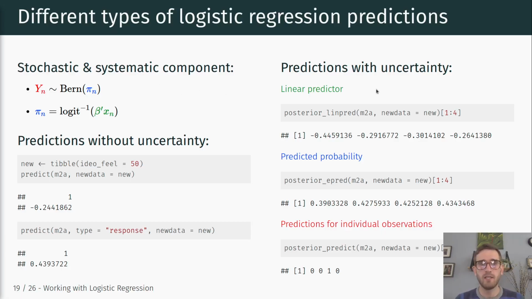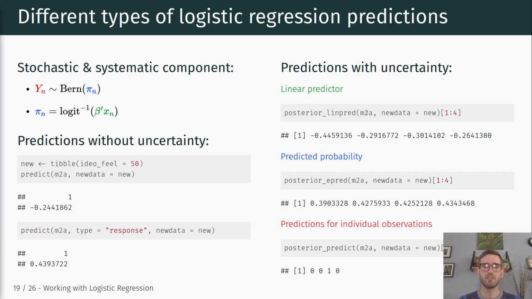Linear predictor, or posterior linpred, as the name suggests, just computes the linear predictor for our new data, where we just have one observation, where ideology is equal to 50, right?